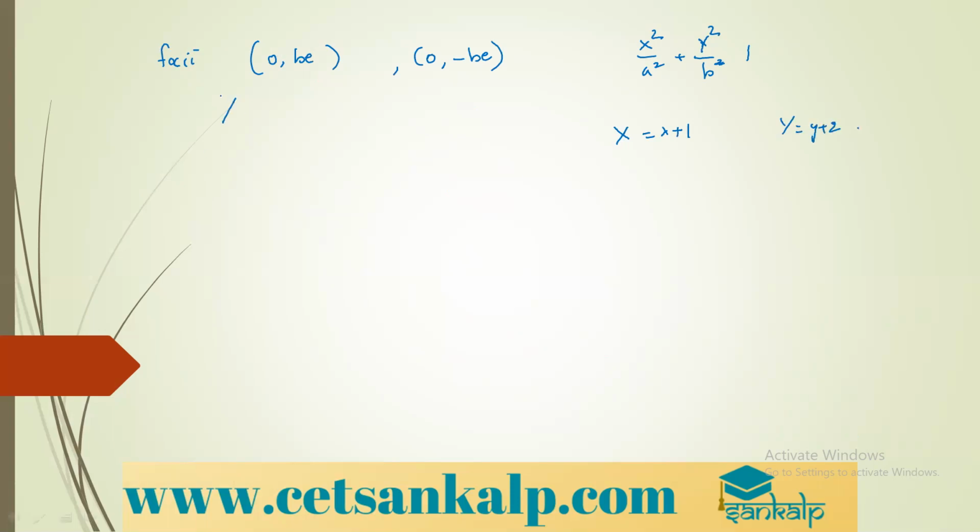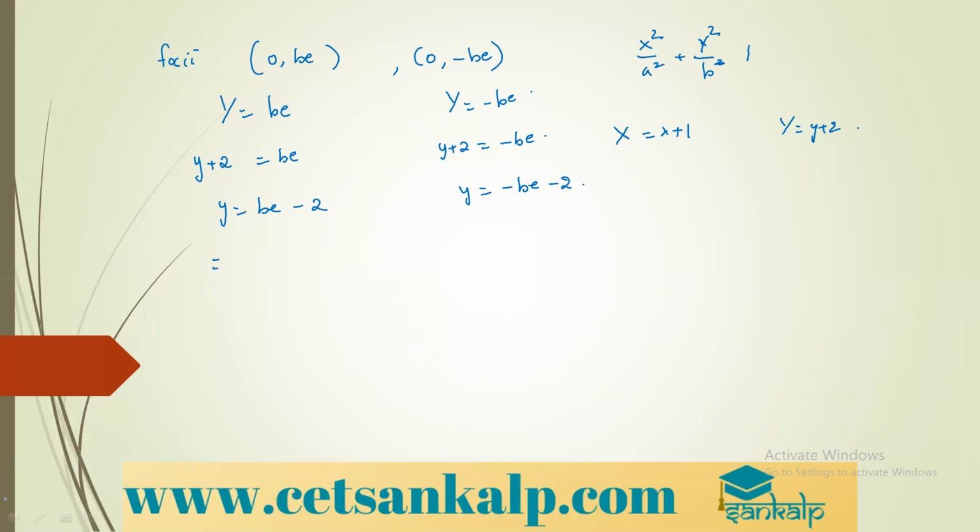So here you can see the y coordinate is BE, the y coordinate is negative BE. Isn't it? So I can write y plus 2 equal to BE. Here also y plus 2 equal to minus BE. Or y coordinate will be BE minus 2, y coordinate will be minus BE minus 2.